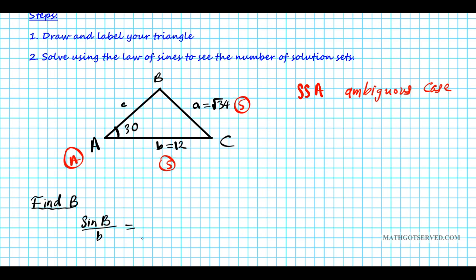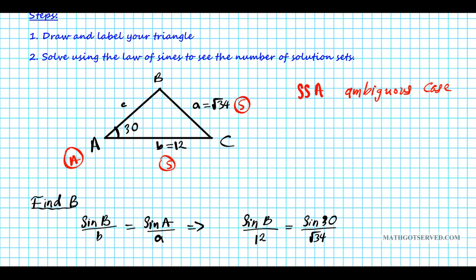Remember, you can only have one equation to solve for one unknown. All right, so sine B over b is equal to sine big A over little a. If we substitute the values here, we are going to have sine big B over little b, which is 12, equals sine big A, which is 30, divided by little a, which is root 34.